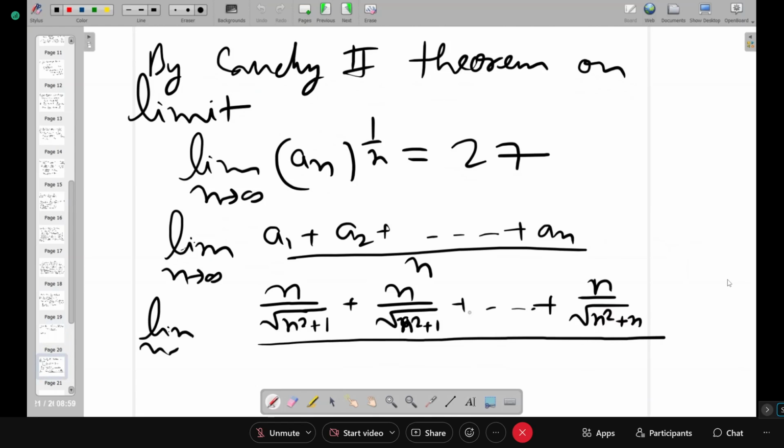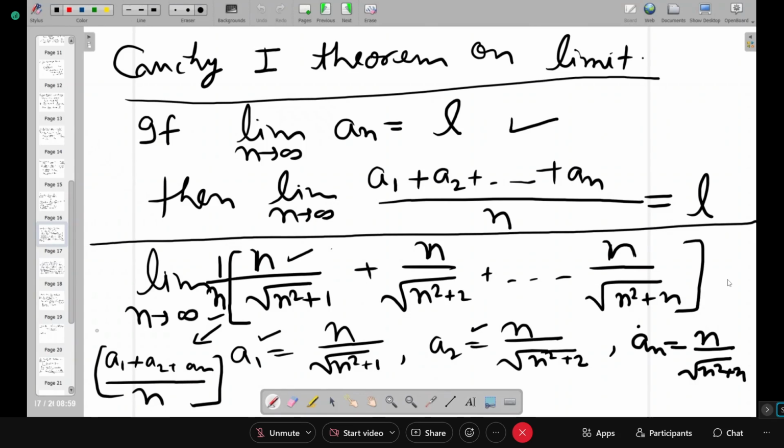No, here we are multiplying in the denominator and numerator, no? So a1 is this, not here. This 1 upon under root n square plus 1 is not our a1. Because we want this sequence, that's why we are making this a1, not 1 upon under root n square plus 1. A1 is this, with n in the numerator.